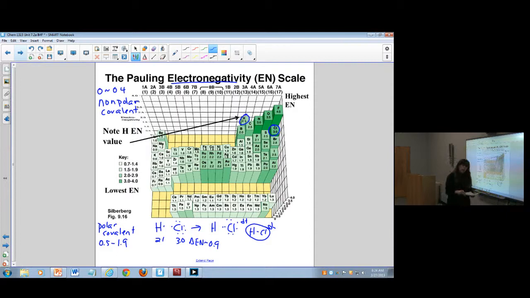Now this is important because this is one of the ways you're going to use to help determine your intermolecular forces. I know these are intra, but whether a molecule is polar or nonpolar is important in your analysis here.